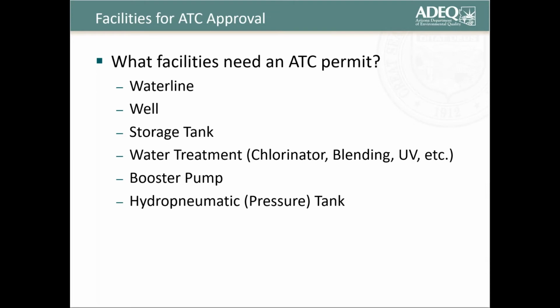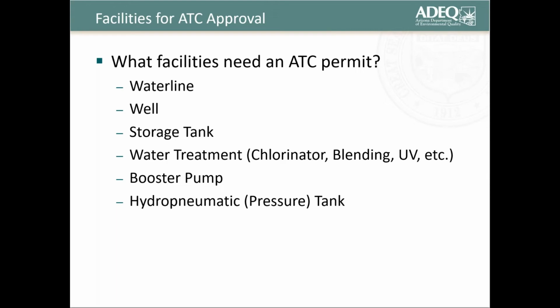Now we'll be going over the different types of water facilities that need an ATC permit. These are the facilities that require an ATC permit, such as a water line, well, a storage tank, the water treatment, which includes the chlorinator, blending, UV, booster pumps, and hydropneumatic tanks or pressure tanks.